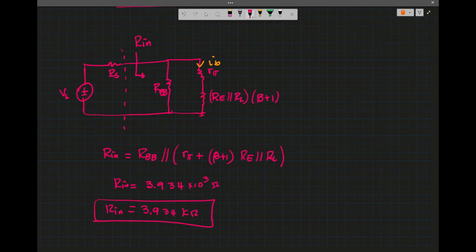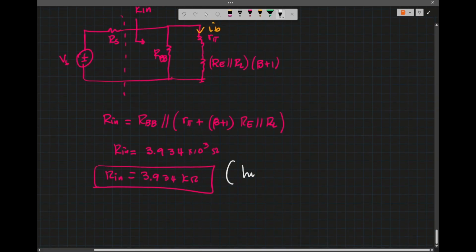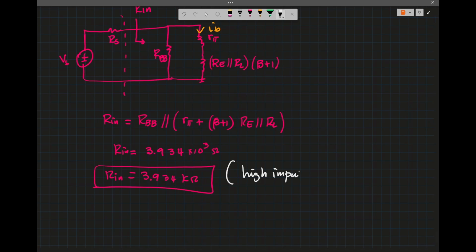So please keep in mind that this impedance is high, so high input impedance.